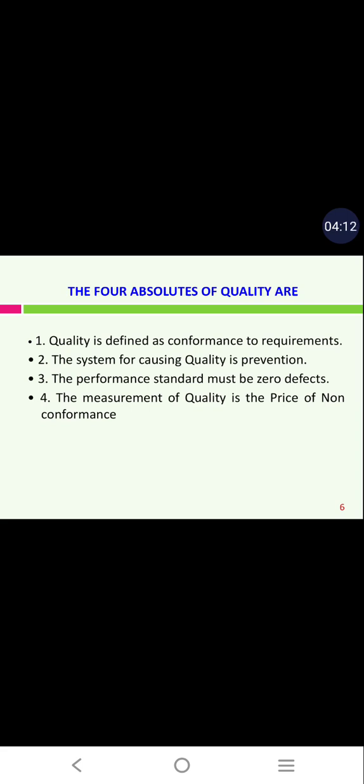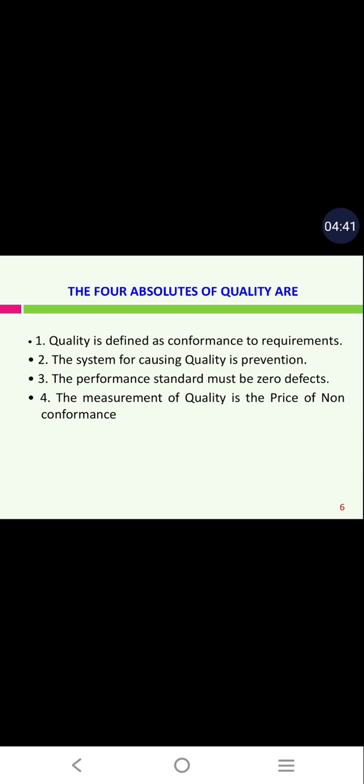That is the first absolute, and the second one is the system for causing quality is prevention. He says that defects have to be avoided, zero defects. These defects have to be prevented. The third one is the performance standard must be zero defects.